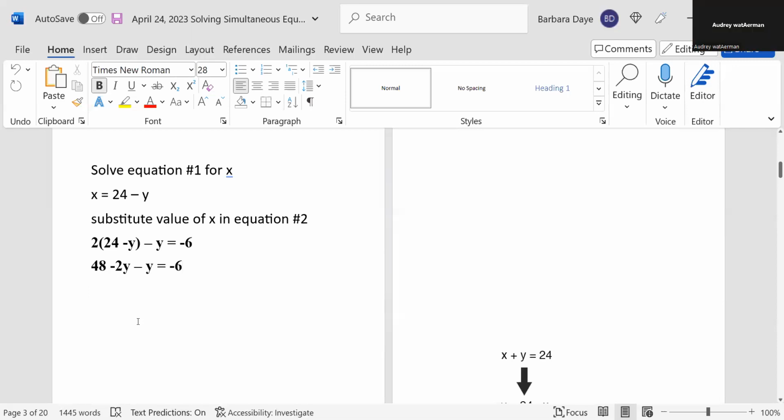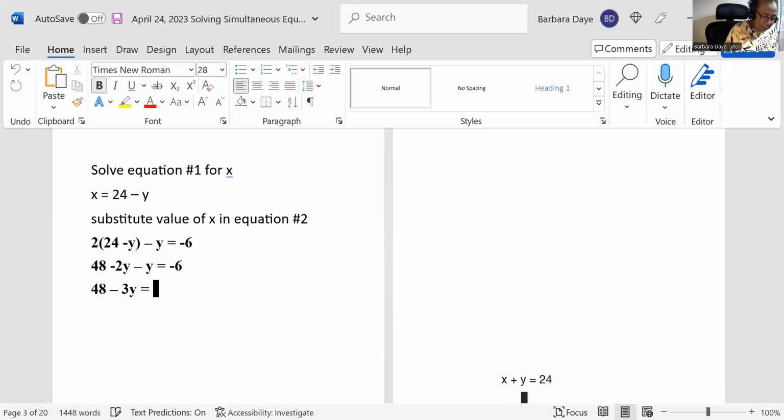What's a minus 2y and a minus 1y? That's 3 y's. Minus 3y. So we'd have 48 minus 3y equal minus 6.